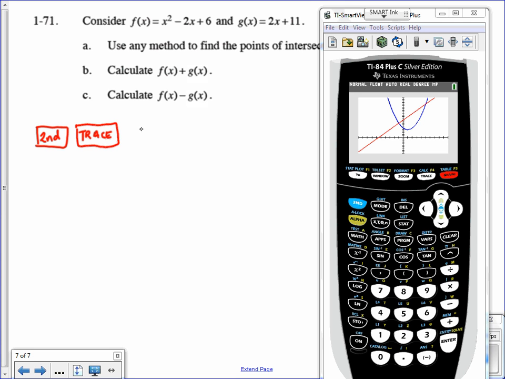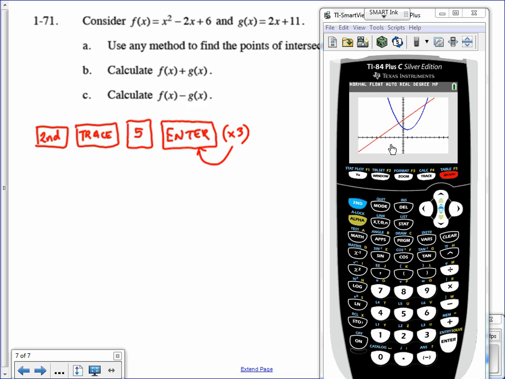Then we choose option 5, which is the intersect function. Then we press enter 3 times.